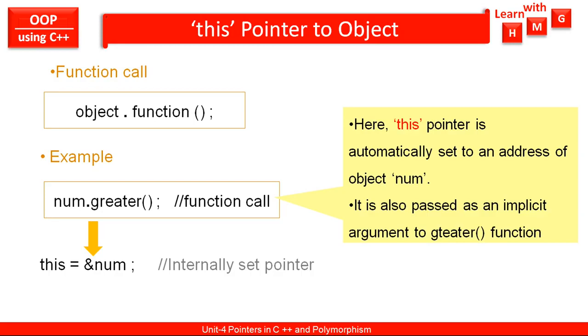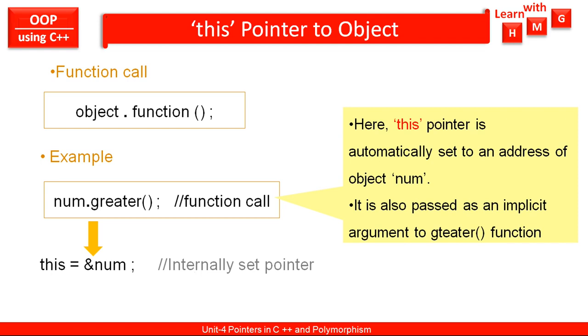In this example our calling object is num, and ampersand num will give the address of the num object and that address is assigned to this pointer. So in this way this pointer is initialized with the address of the num object, which is the calling object in this particular example. So this operation is done internally and automatically.